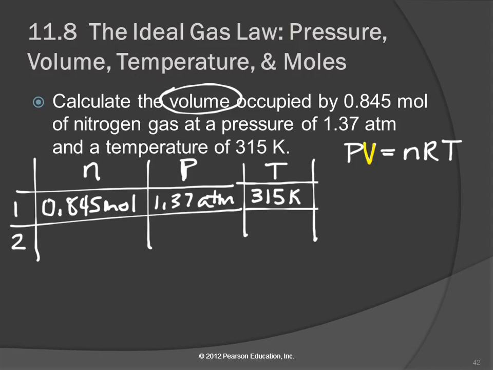We're solving for v. So we're going to divide by P. I can't believe I did that. Yeah, I can. Is that better? You know, sometimes when it looks like I'm doing crazy things, I actually am doing crazy things, so stop me.